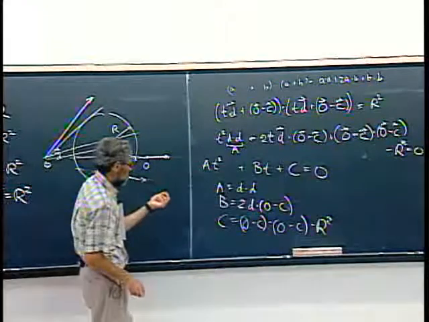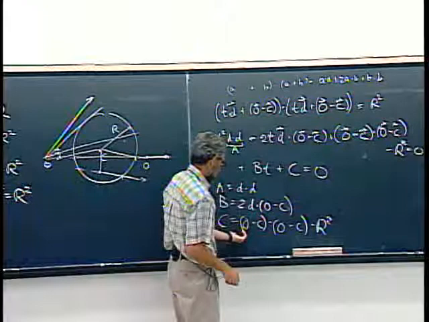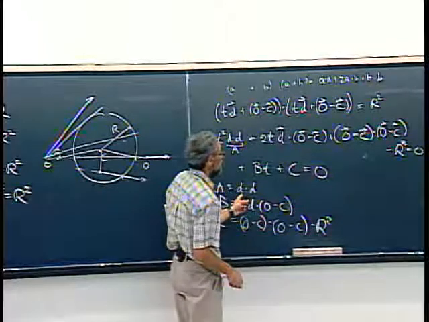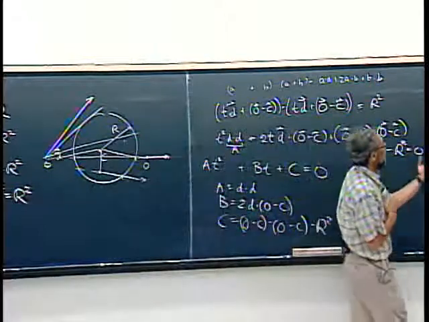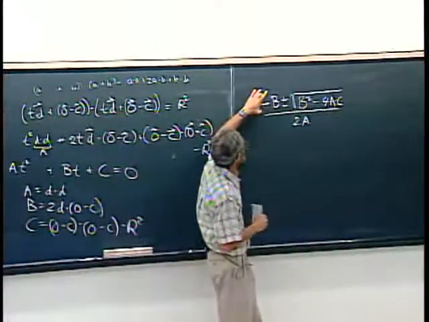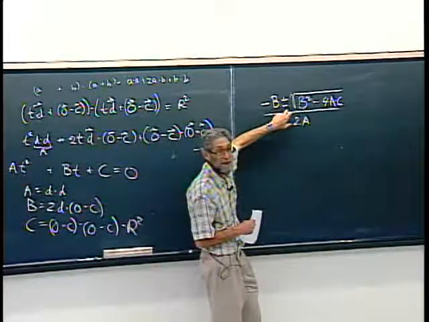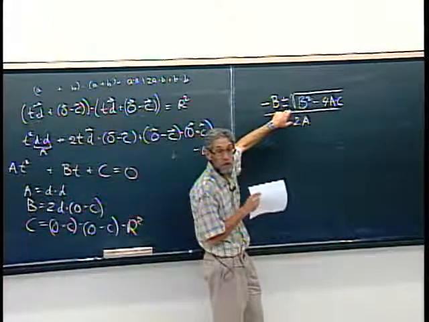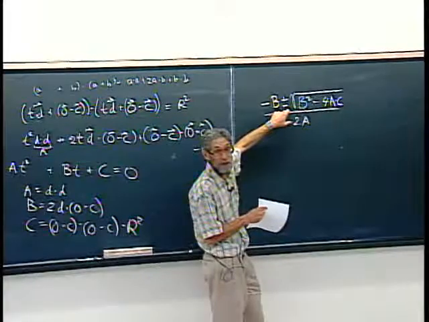So I think what's happening, this A is always positive, right? Because it's a dot product of a vector with itself. So I guess if you want the smallest root, you always want to use the minus sign here. And if the smallest root gives you a negative number, then you want to try the plus root. And if that also gives you a negative number, then you've got no intersections.